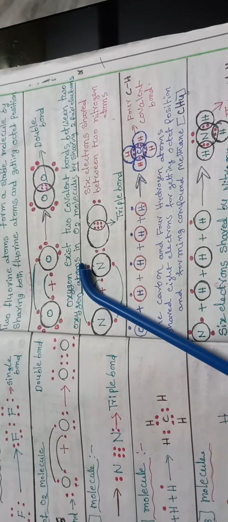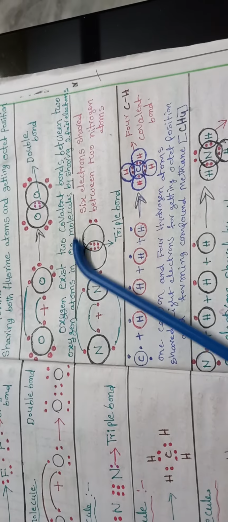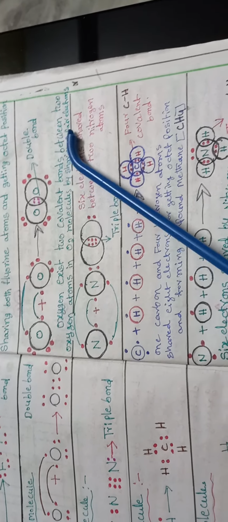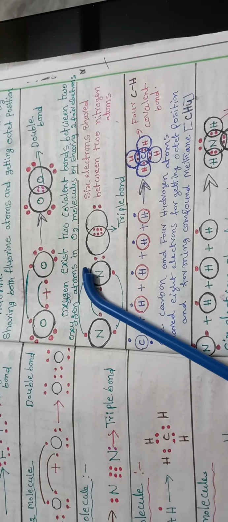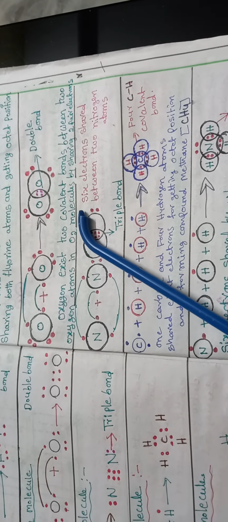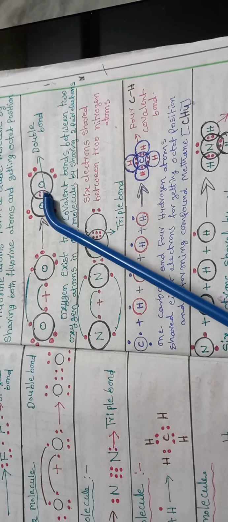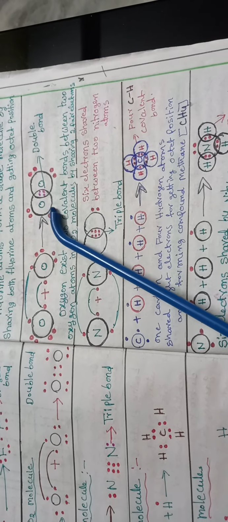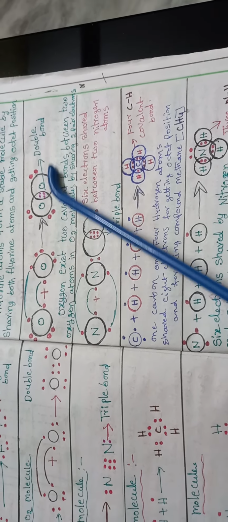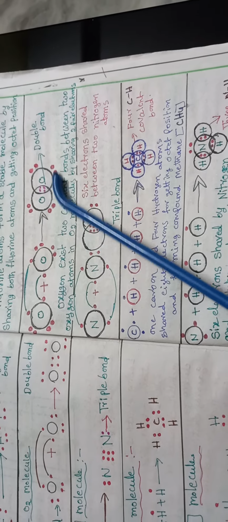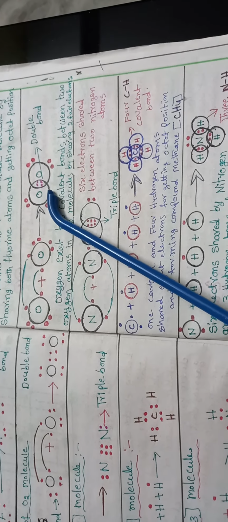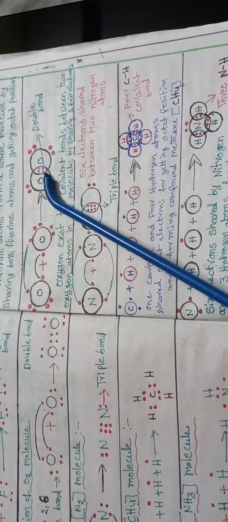So oxygen exists with 2 covalent bonds between 2 oxygen atoms in O2 molecules by sharing 2 pair electrons. 2 pair electrons means 4 electrons. So double bond is formed between 2 oxygen atoms by getting octet positions.